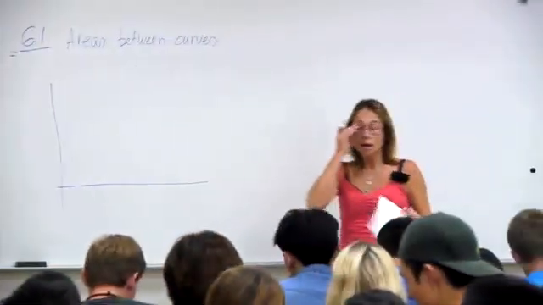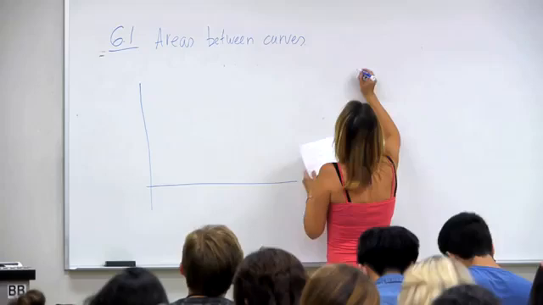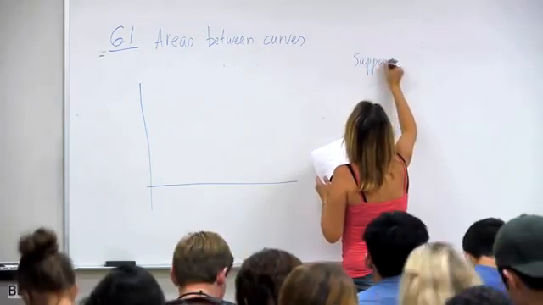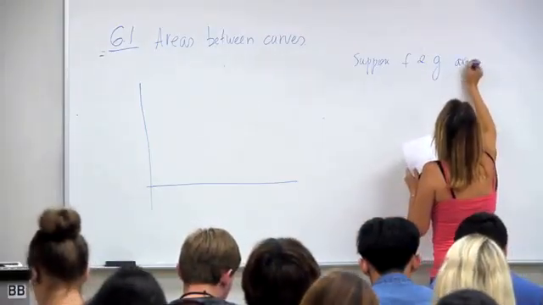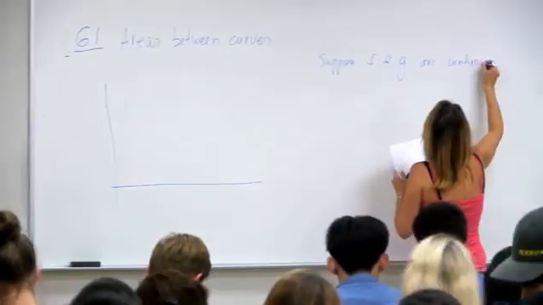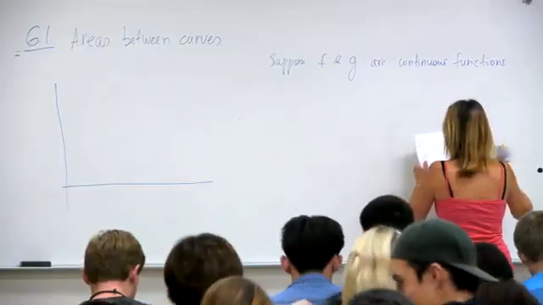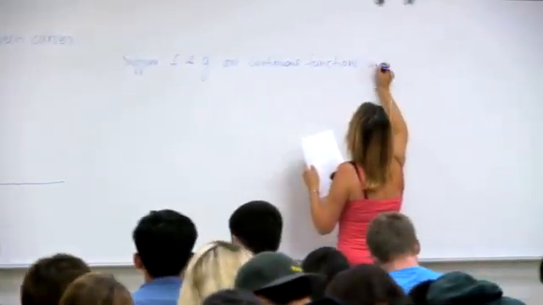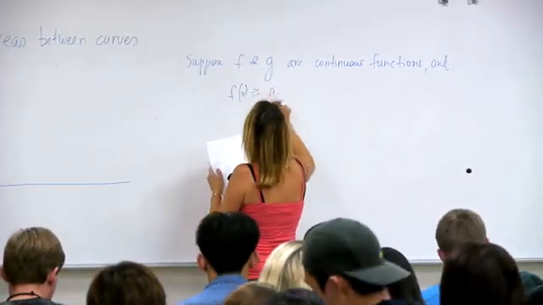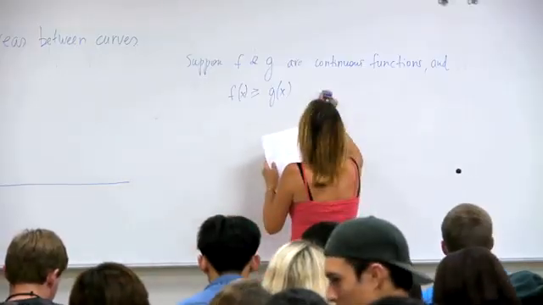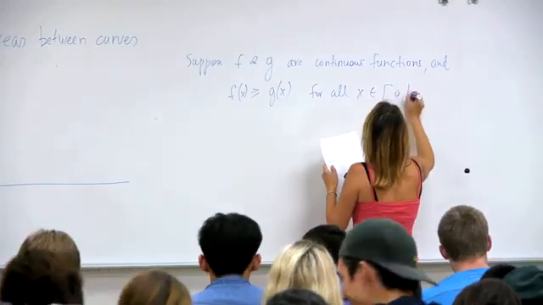Okay. Let's suppose that I have two functions. Let's suppose that f and g are continuous functions, and f is greater than or equal to g for all x in a certain interval.